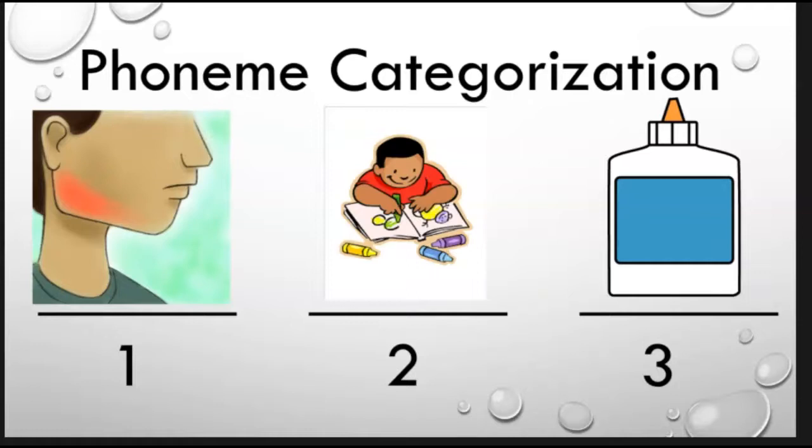So the first word is jaw. J-aw. So, my jaw right here. J-aw. The second word is draw. D-r-aw. The third word is glue. G-l-oo.